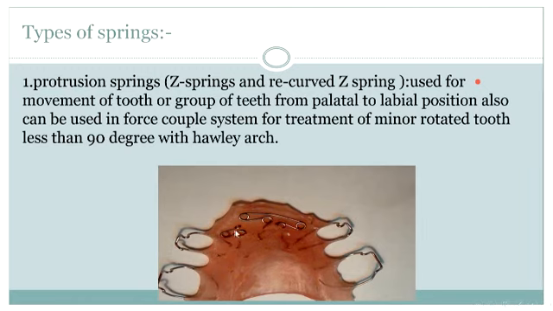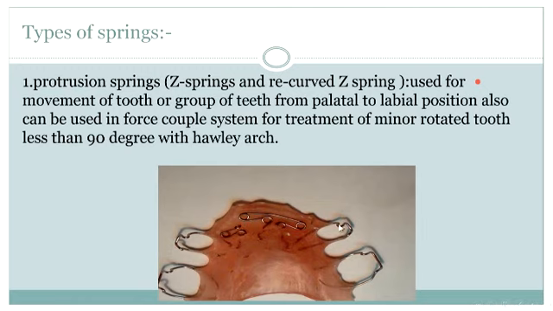This is for movement of the teeth in the labial direction; the recurve Z spring also moves teeth in the labial direction, but a group of teeth, while the Z spring is for a single tooth. It is used for movement of a tooth or group of teeth from the palatal to the labial position, and can also be used in the first couple system.